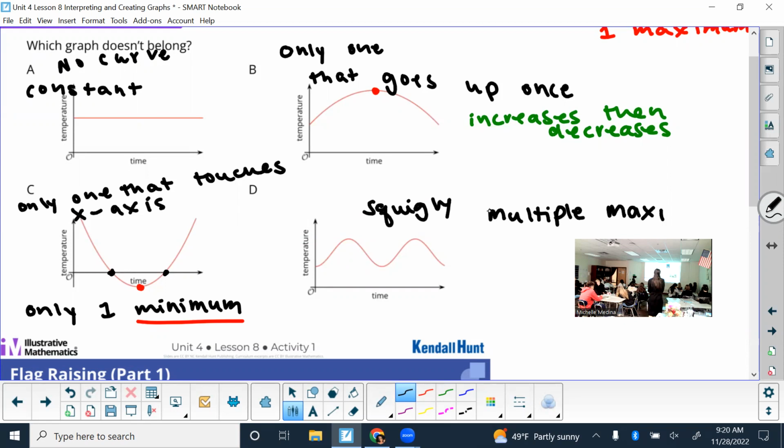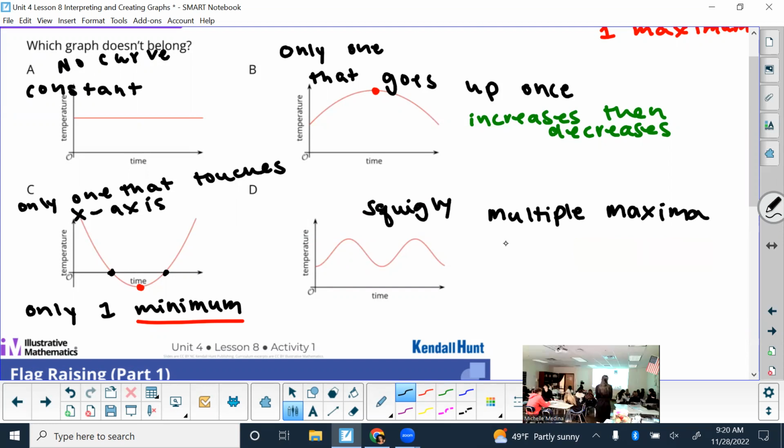Maxima is how they pluralize it, and minima. Multiple. And there's multiple because it looks like they are at the same height, like one isn't bigger than the other. Same with the minimums. One isn't lower than the other, otherwise the lowest one would be your minimum. So it looks like there's multiple. Any other reasons?